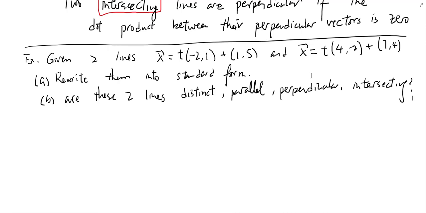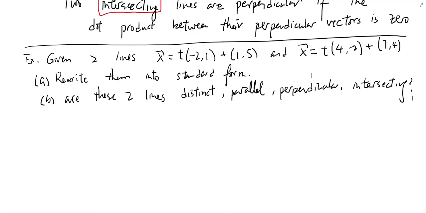So it's entirely possible that two parametric representations represent the same line. But standard form is very different, because standard form is almost always unique. If you reduce everything to the lowest integer form, your equation is unique for every single line. So therefore, it's very easy to identify.